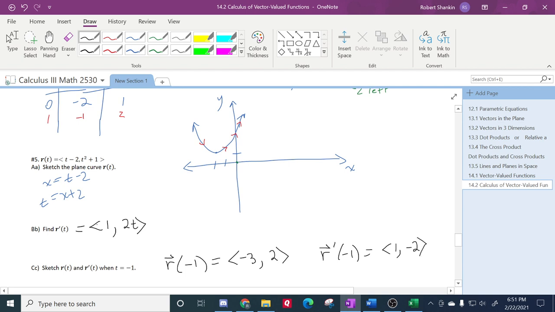Now, let me show you, when you're asked to sketch r and r prime for a particular value, let me first show you how not to do it. Let's take r of negative 1, and it's negative 3, positive 2, it's right here.